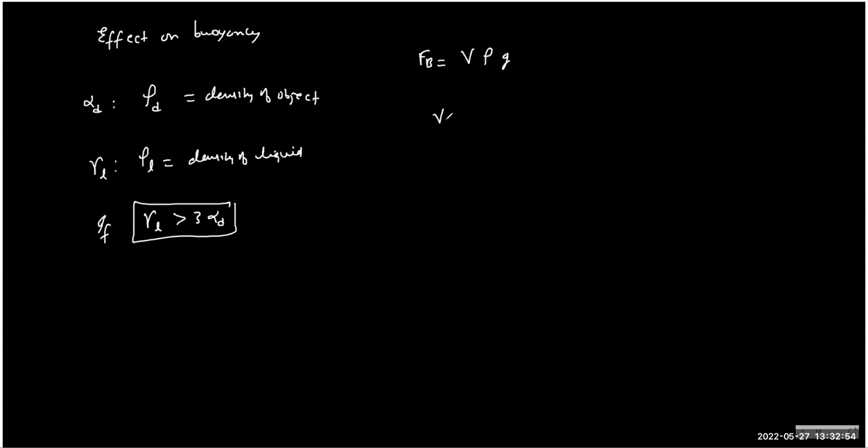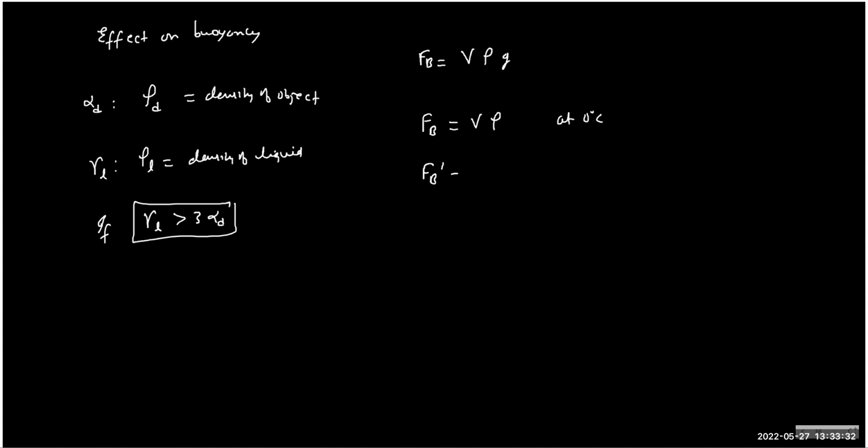Let's call the buoyant force in the beginning V rho, and the buoyant force at 0 degrees, and the buoyant force at theta degrees. So this V is the volume of the object, because it's completely submerged. Actually, we are assuming it's completely submerged.